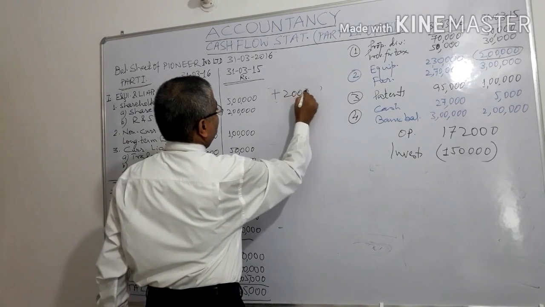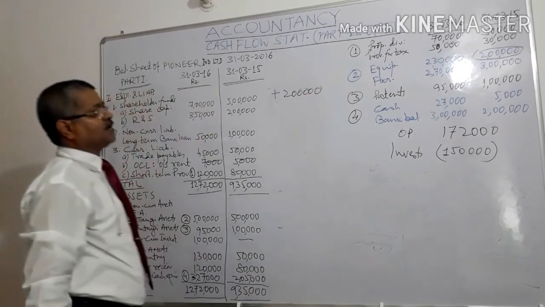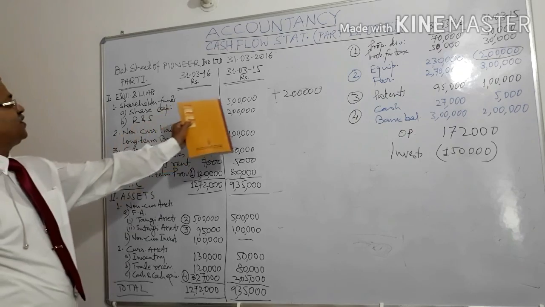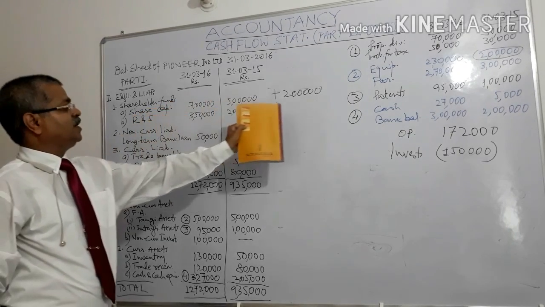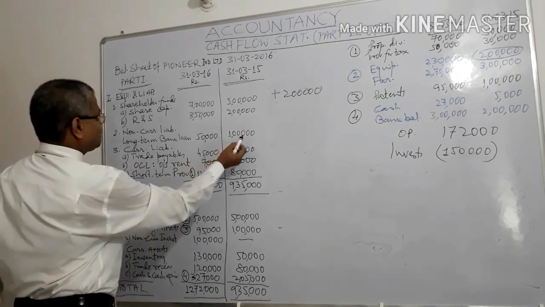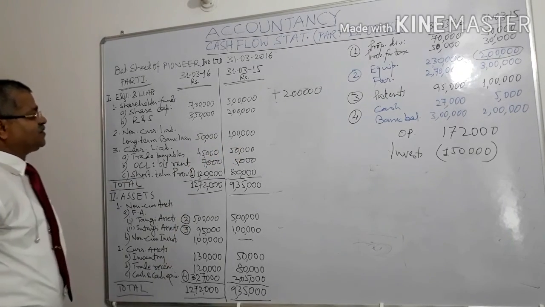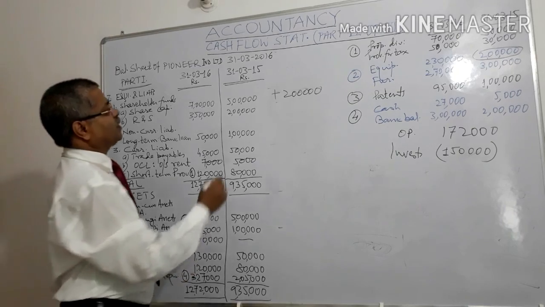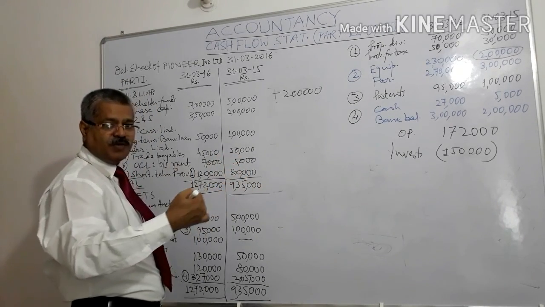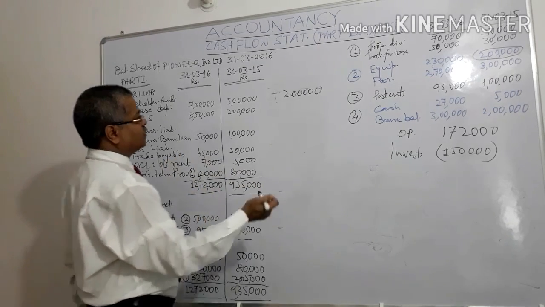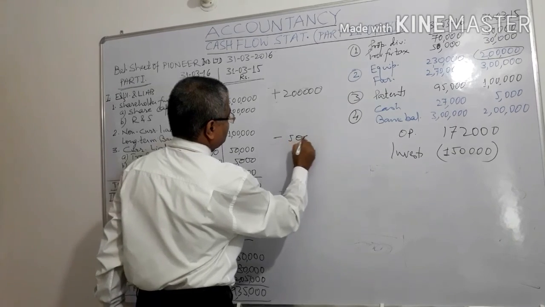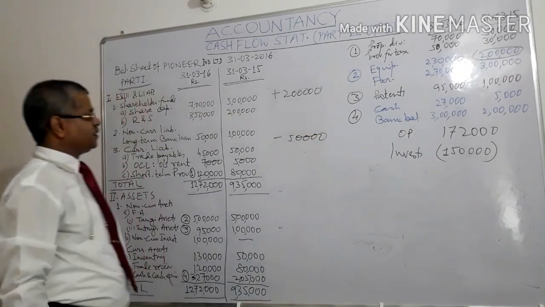So inflow of 2 lakhs is there, and long term bank loan has declined from 100,000 to 50,000. So what has happened? Money goes out. When you reduce the loan, money goes out. So minus 50,000, right?